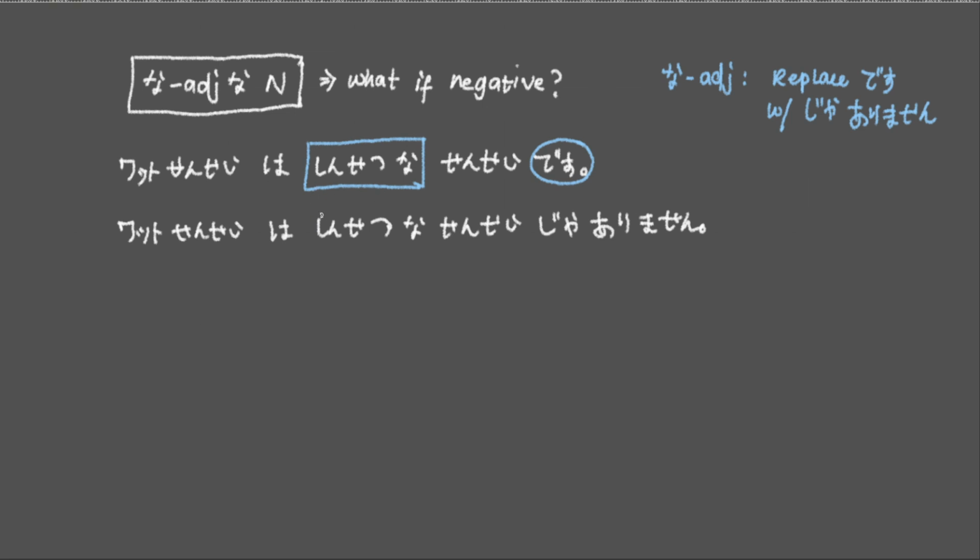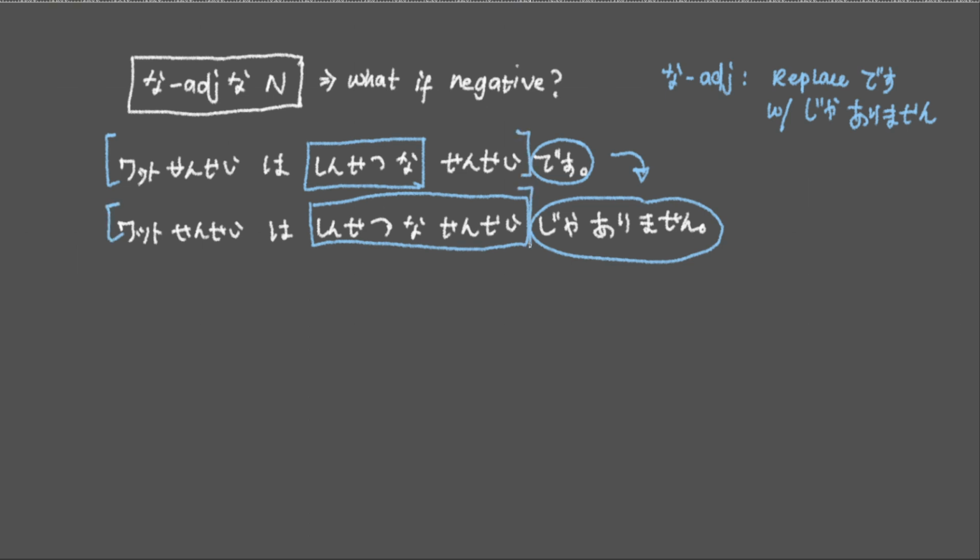So you don't touch this part. You only replace this part and transform it. So basically, if we see here, from this part until this, it's all the same. We just replace this with ja arimasen.